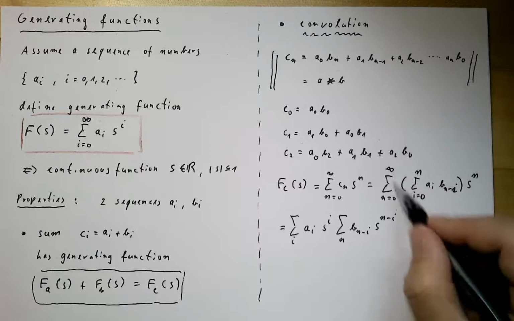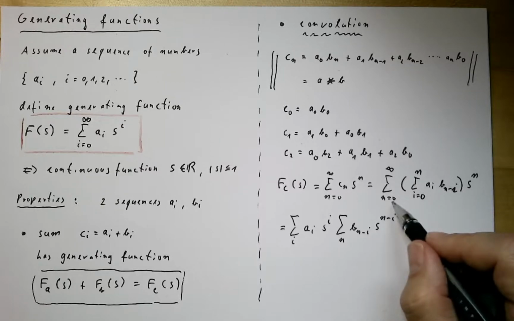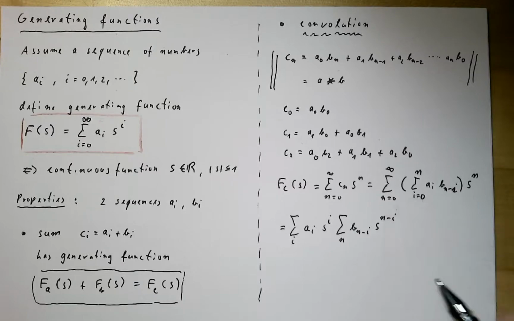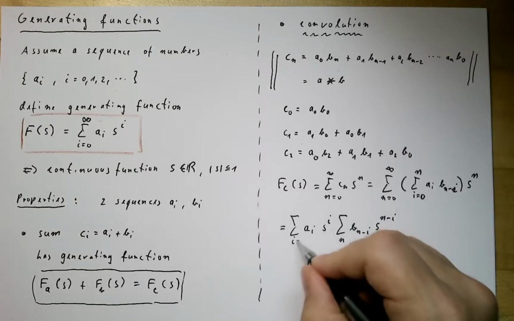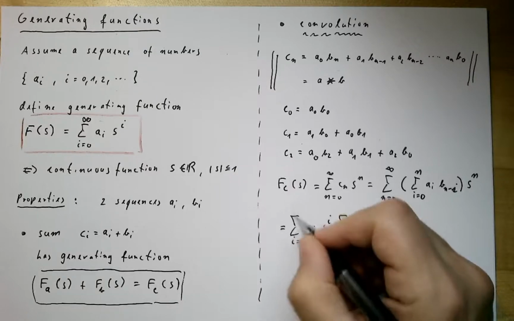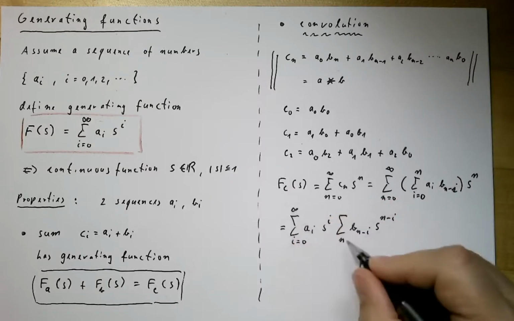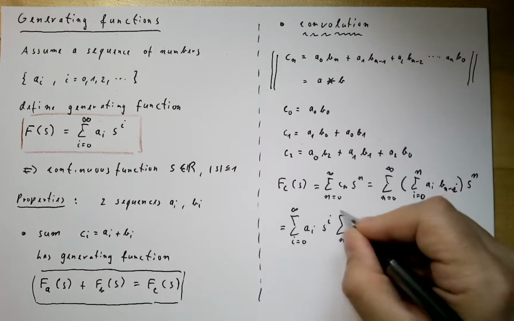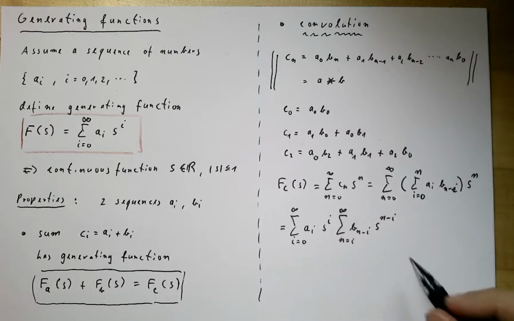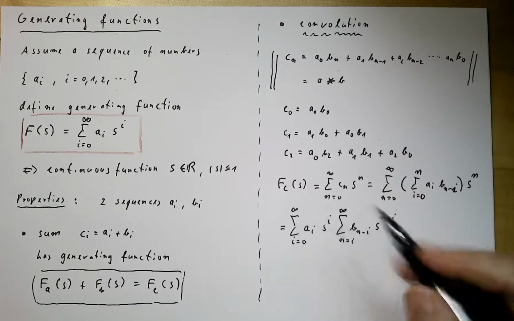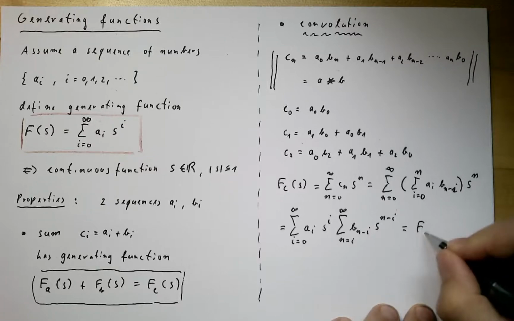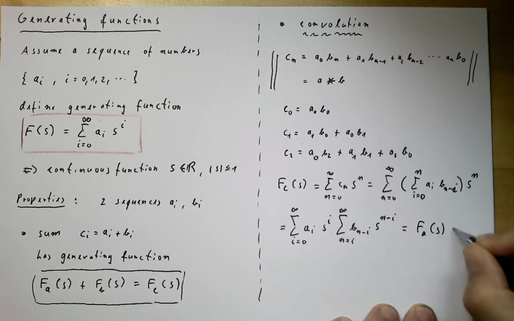You see here in the sum we get all values from all pairs of n and I, where n always must be larger than I. And so we can replace this by a series where I goes from 0 to infinity, but n must be larger than I. And then you see this is just the product of two generating functions. So you have here the generating function of A times the generating function of B.